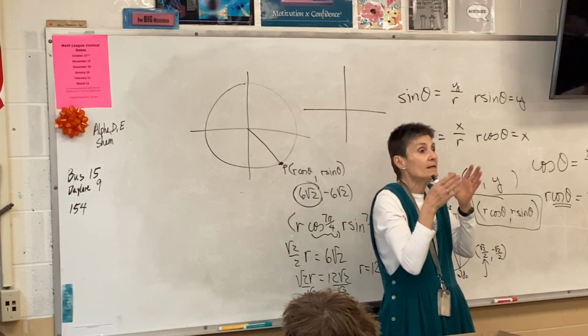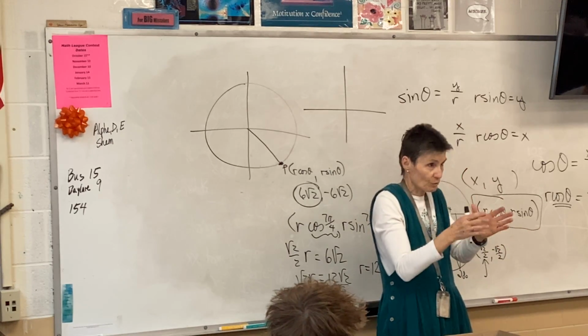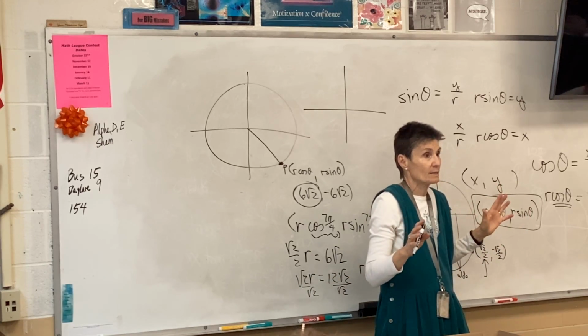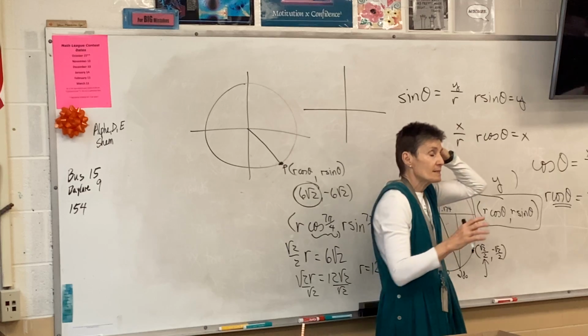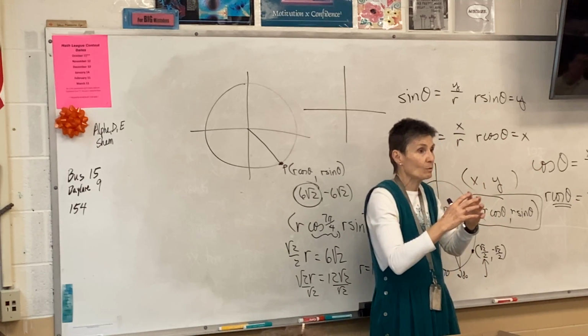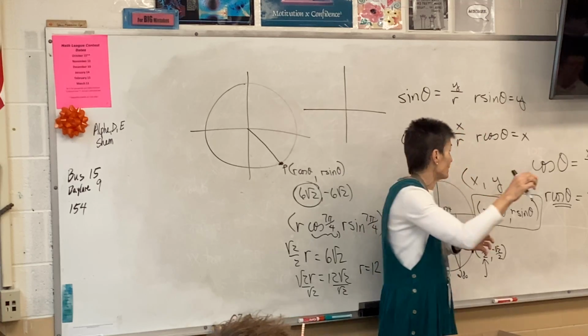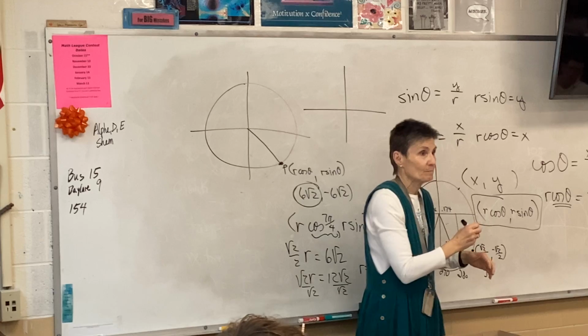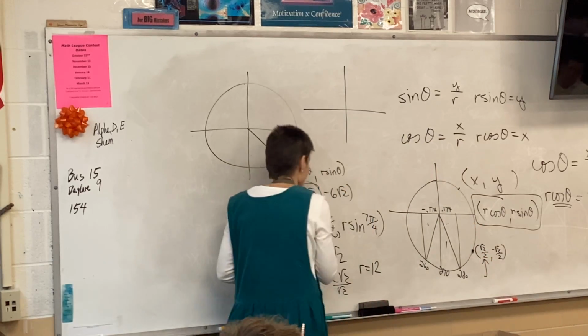The cosine of pi over 4 is root 2 over 2, period. Doesn't matter how big or small the circle is, okay? Because the size of the circle gets canceled out when you put your x coordinate. If your circle is bigger, your x coordinate is going to be bigger. Like right here, this x coordinate's bigger.